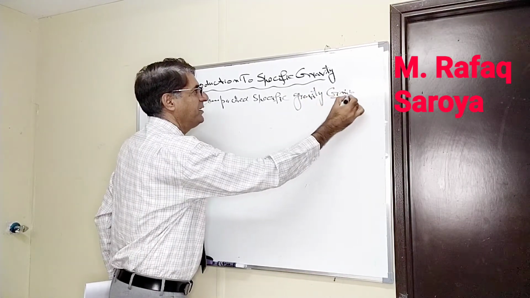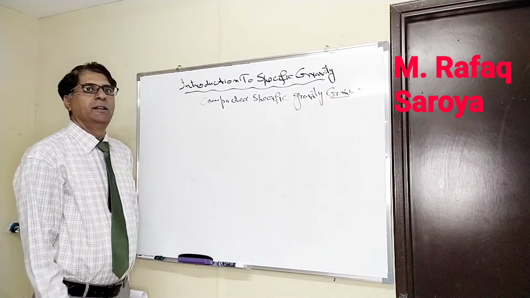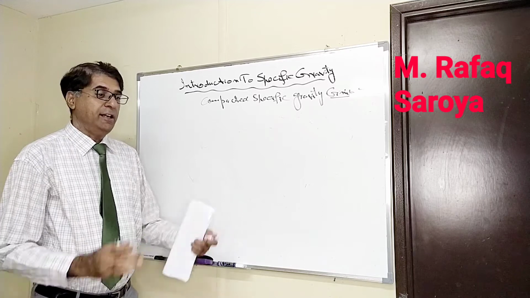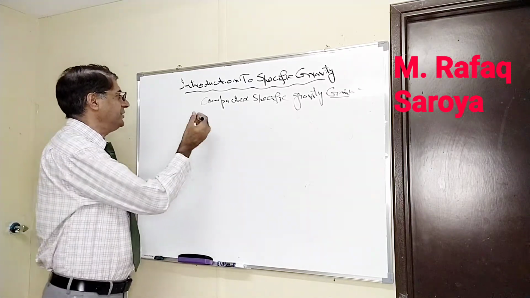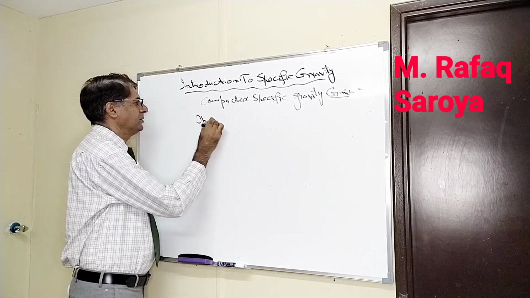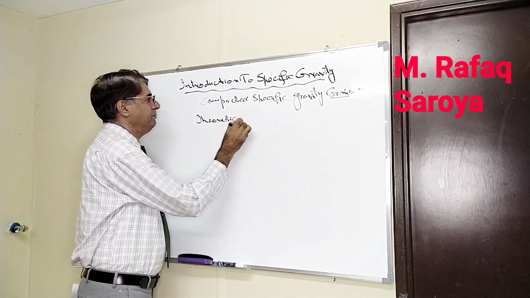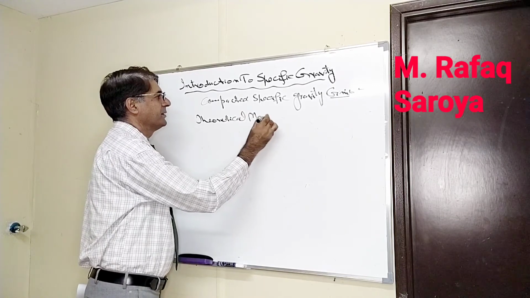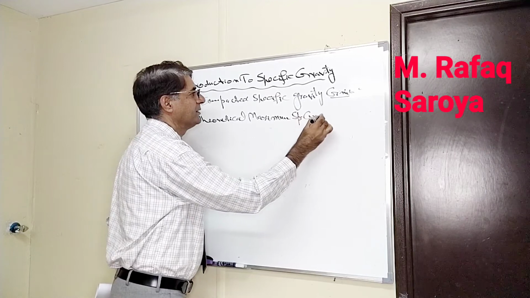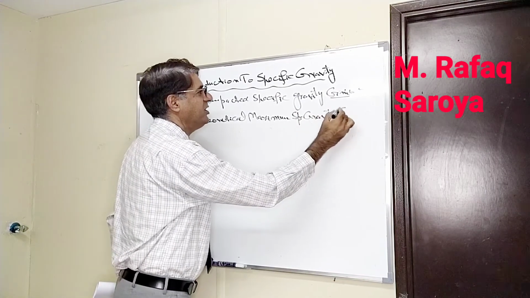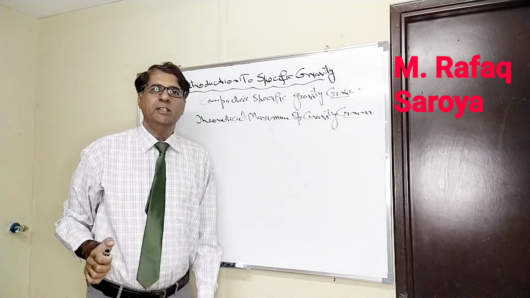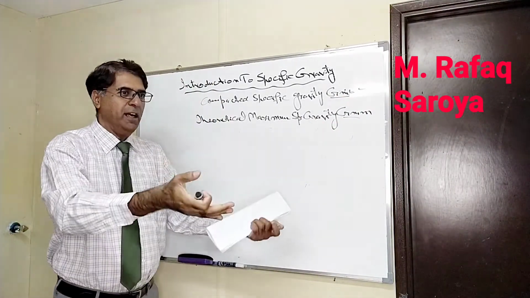It is very, very important, which we will discuss in later stages when we will discuss the real formation of the mix design. Then the other one, theoretical maximum specific gravity, which is represented by Gmm. So these are the specific gravities I have told you.